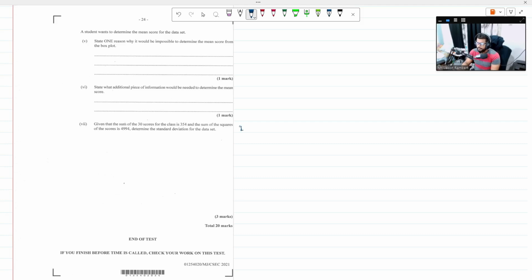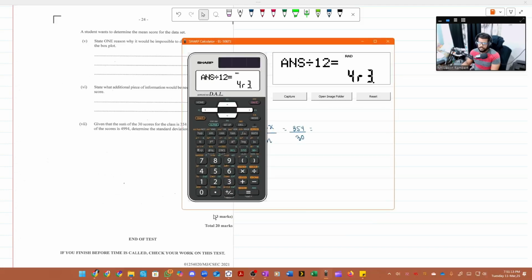X bar is the sum of x over n, which is equal to 354 over 30. Let me jump on my calculator to get the mean, because we need the mean to calculate standard deviation. 11.8.